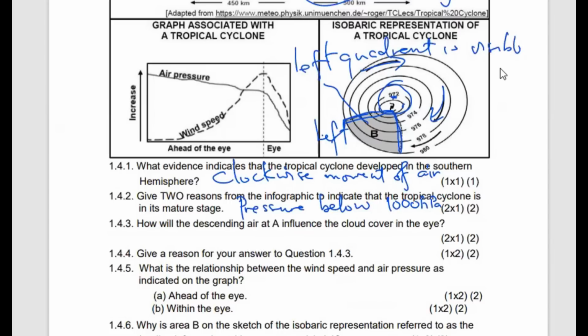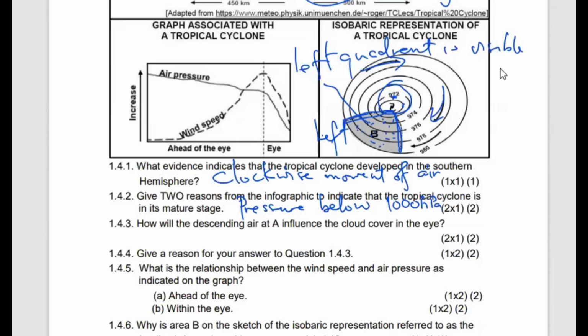I think you can see from this illustration, the shade is suggesting that this active quadrant is very visible and more pronounced, suggesting that the system is matured. So basically, using that evidence, we can suggest that the tropical cyclone is fully matured.